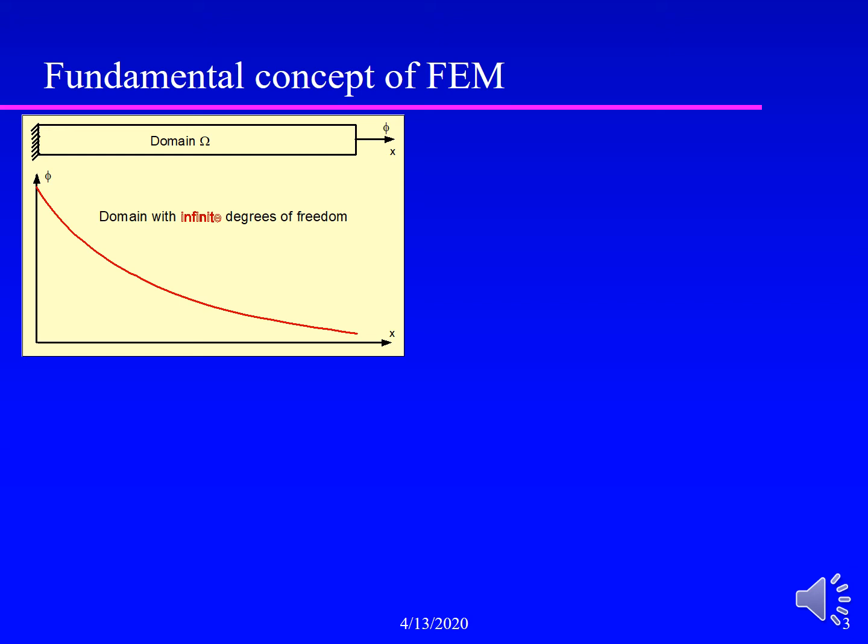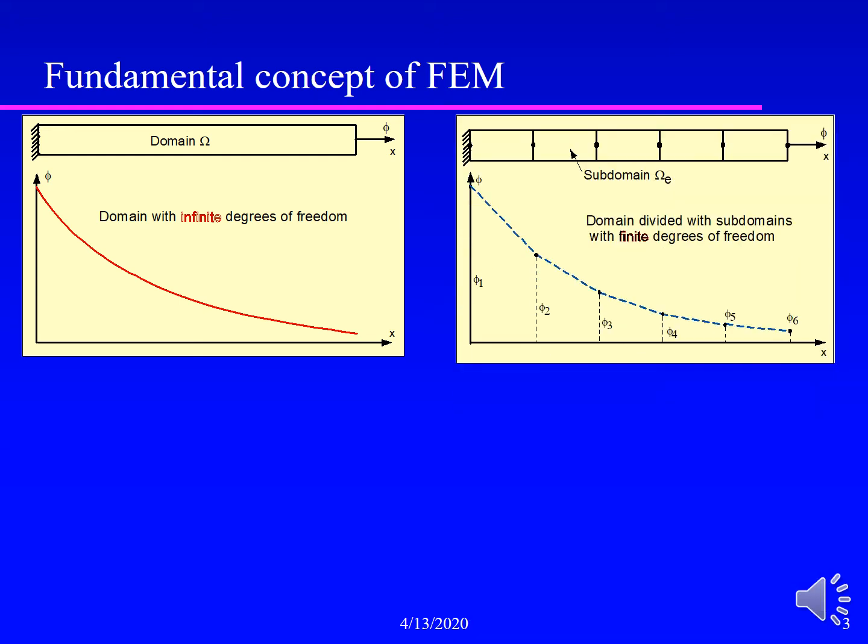So here it has infinite degrees of freedom. Then we divide these infinite degrees of freedom into a finite number of subdomains, which are connected at nodes, and the deflections or whatever other functions are defined within the element.